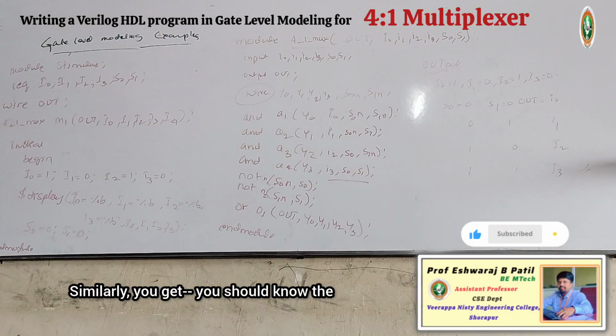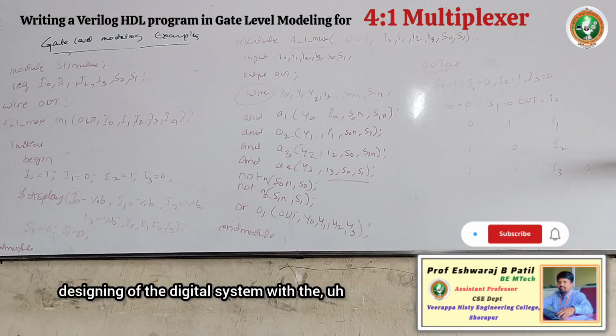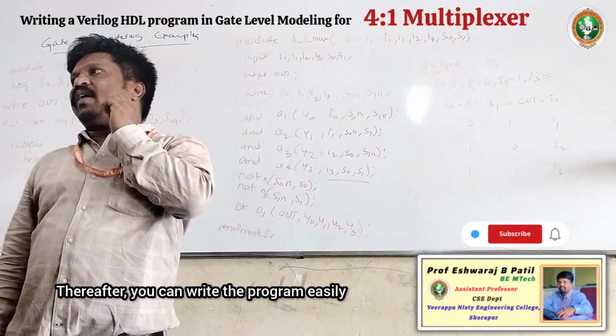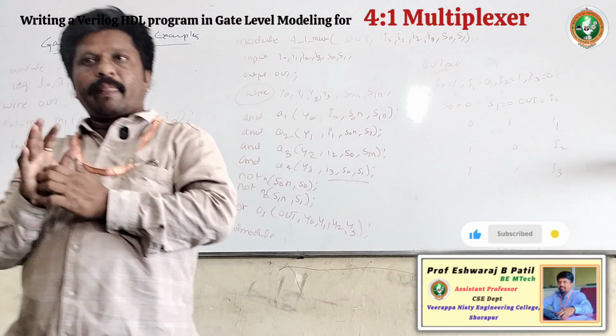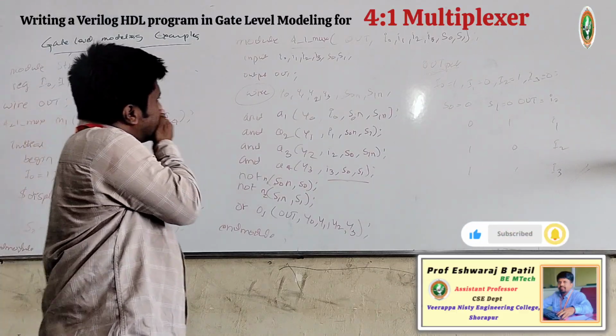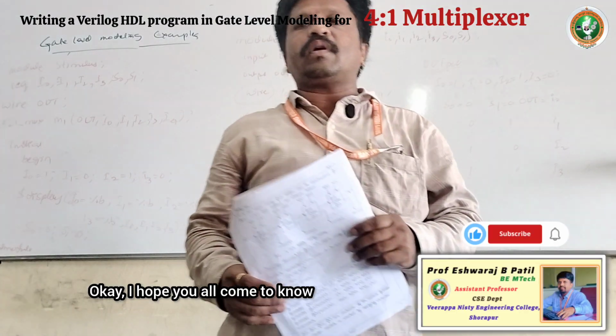Similarly, you should first know the digital system, the designing of the digital system with the basic logic gates. Thereafter, you can write the program easily. Okay, I hope you all have understood.